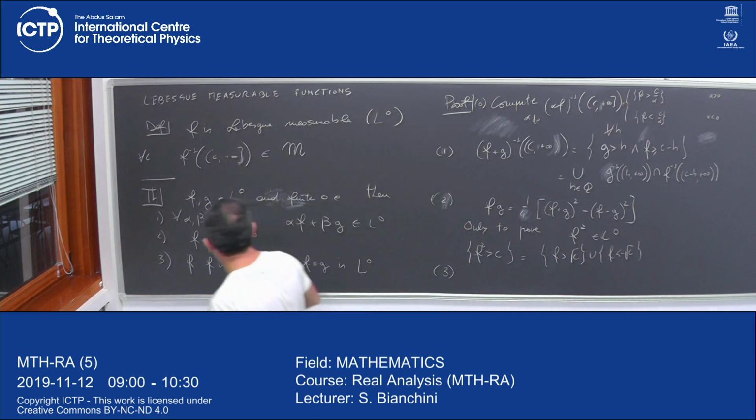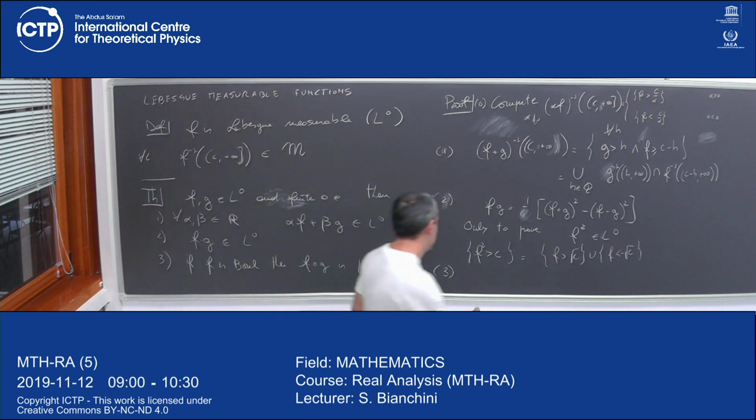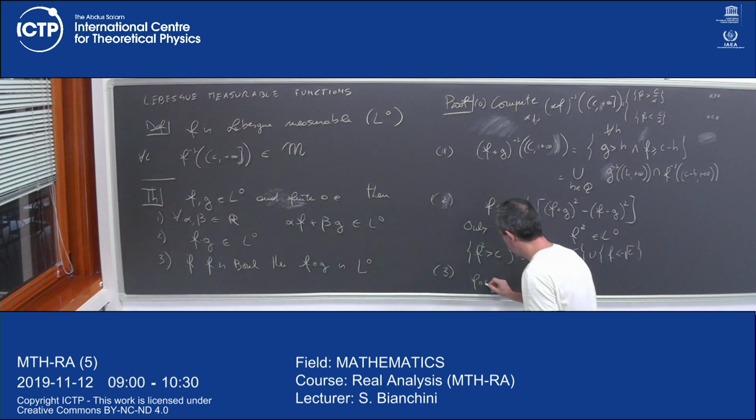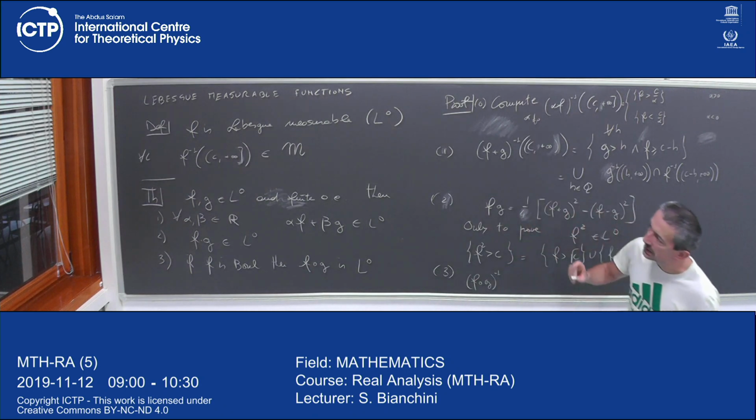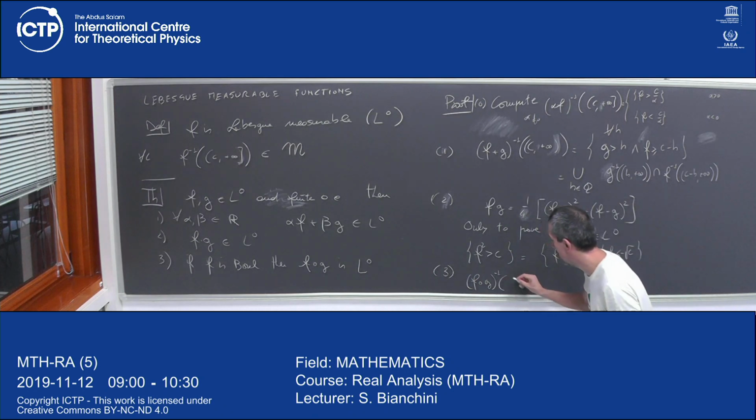Okay. So let's compute f composite g to the -1, and now it's better to use a Borel set. So let's say B is in the Borel sigma-algebra. Is equal to what?